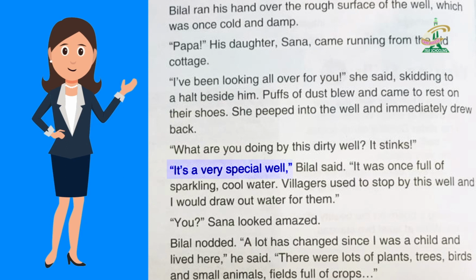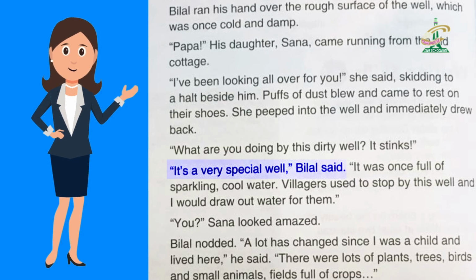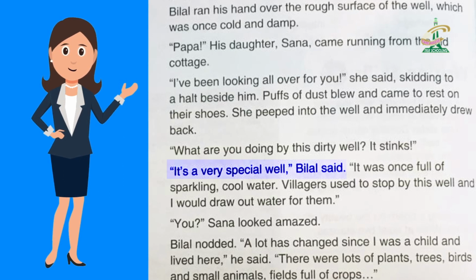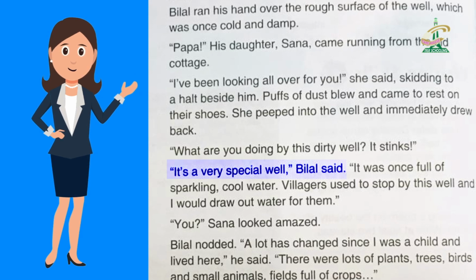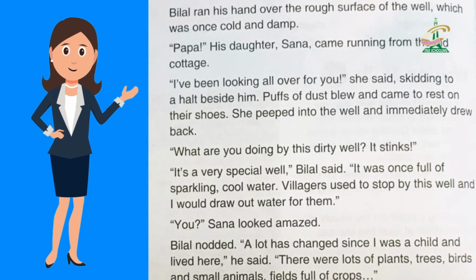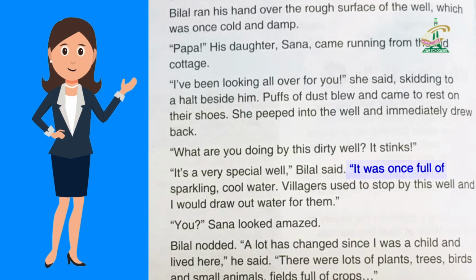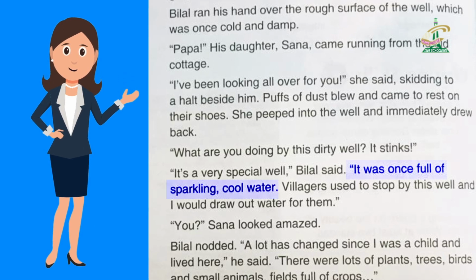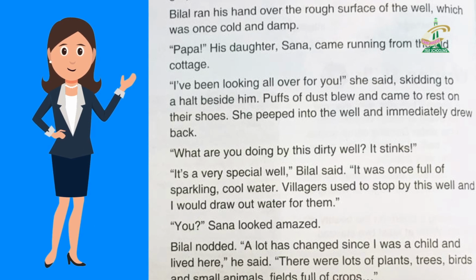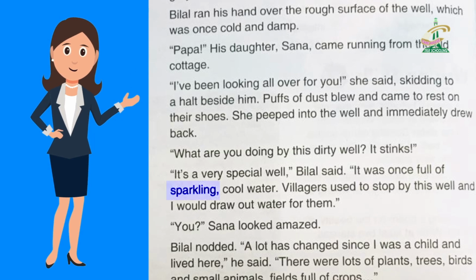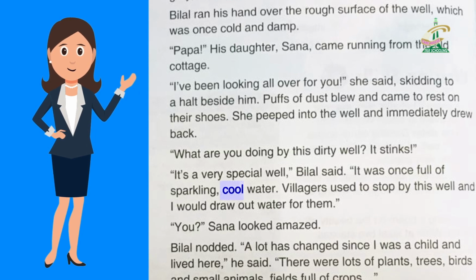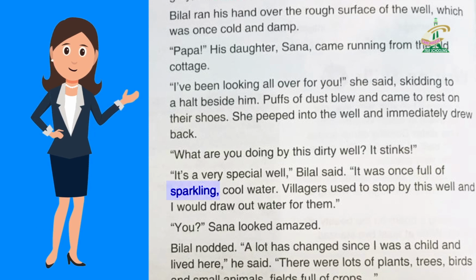It's a very special well, Bilal said. Bilal was telling Sana about the specialties of that well. And what were the specialties? It was once full of sparkling, cool water. He's telling that the water was sparkling and it was cool. What does sparkle mean?